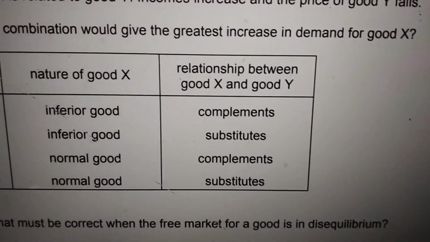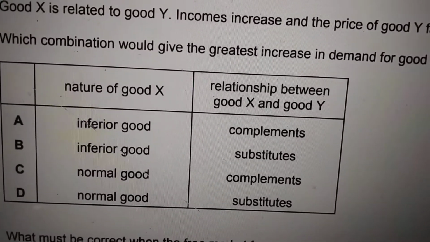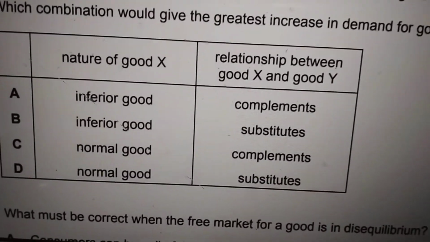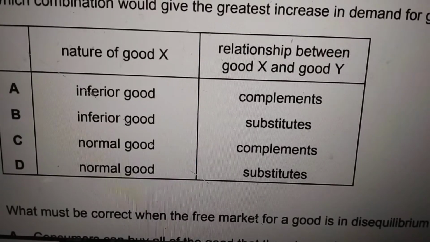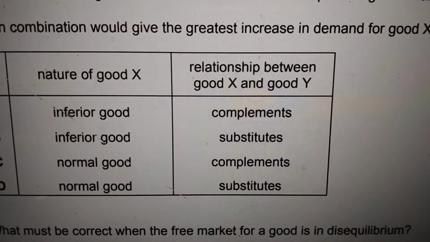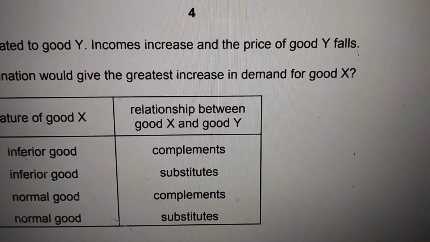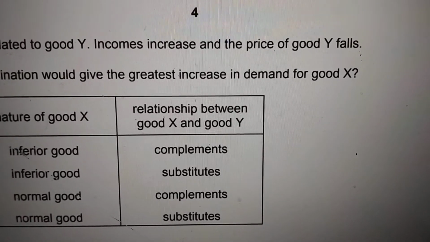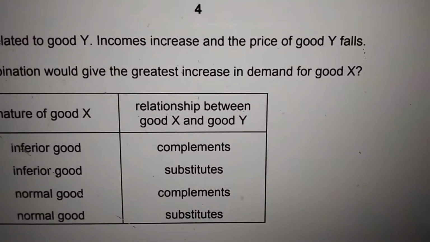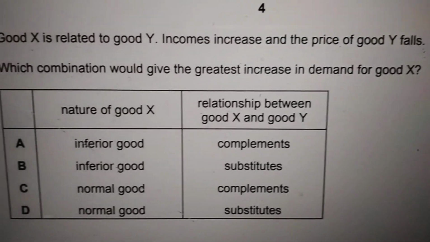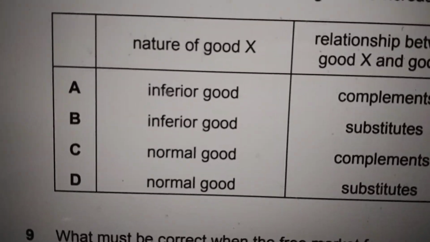And for good Y, if it is a complement and the price of good Y is falling, its demand will increase. So it will also add to the increase in demand for good X. So we pick C as the answer.